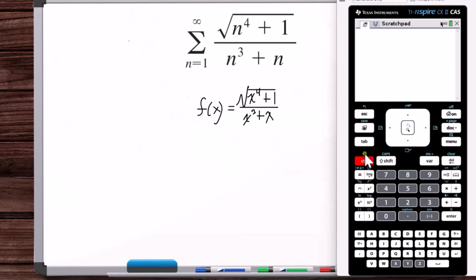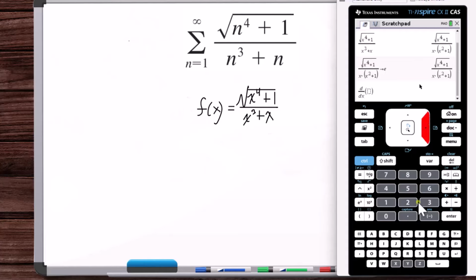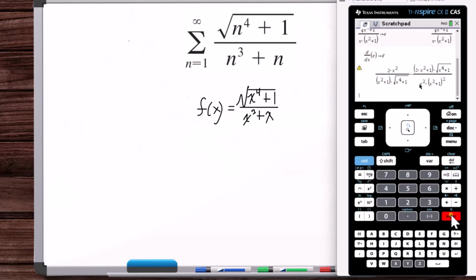All right. So the square root of x to the fourth plus 1 divided by x cubed plus x. Store that as e. Now let's take the derivative of that and store that as d. Okay, so where does the derivative equal 0?